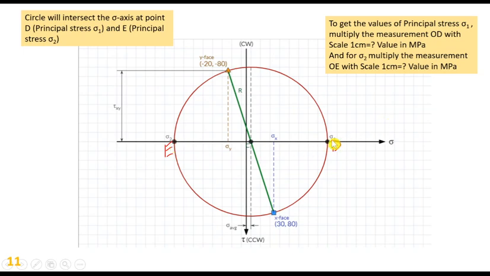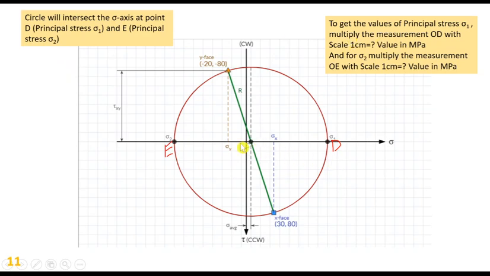Sigma 1 is the maximum normal stress and sigma 2 is the minimum normal stress. And remember, at this principal plane the value of shear stress is 0, and obviously on this sigma axis the value of tau will be 0. So it is again verifying that at principal stresses the value of shear stress is 0.